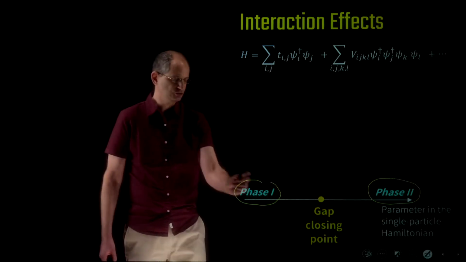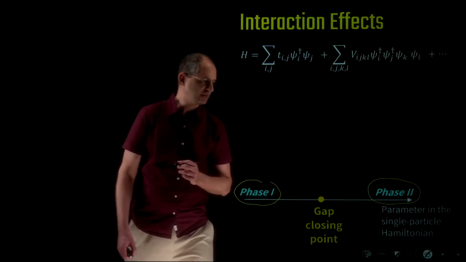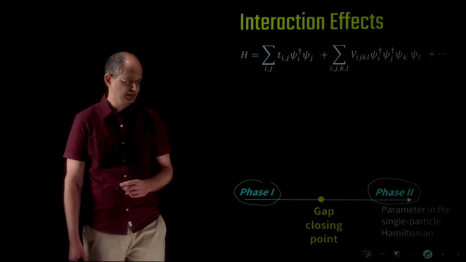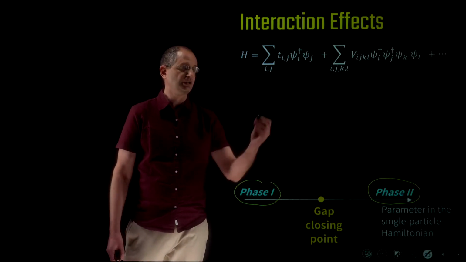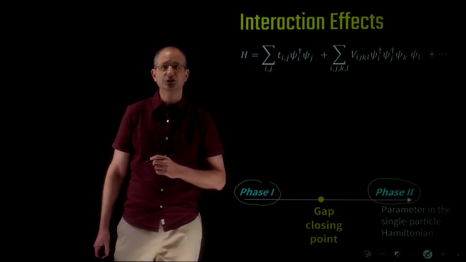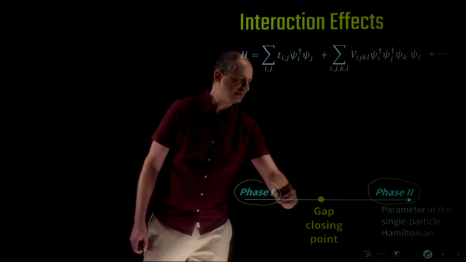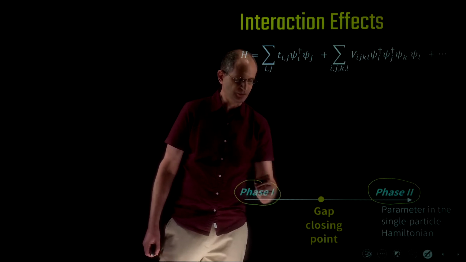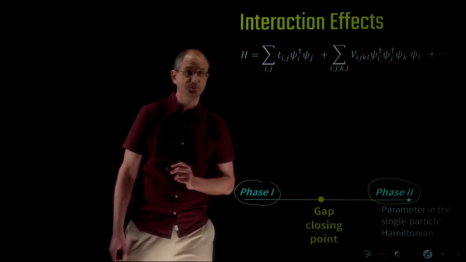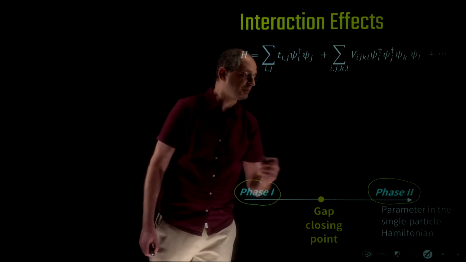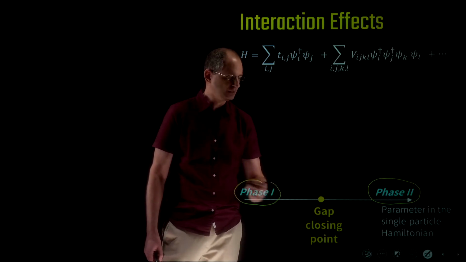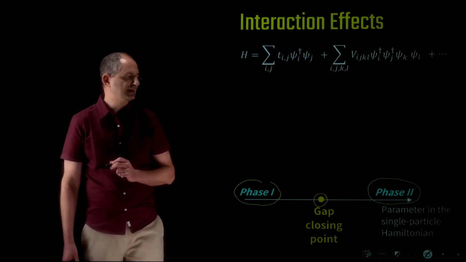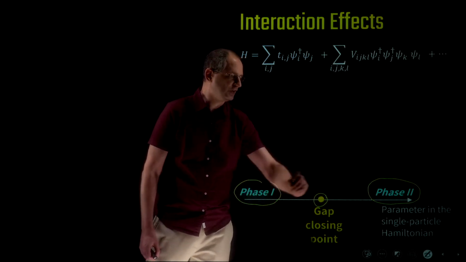This might be the trivial phase, and that might be the topological phase. And now we vary some kind of parameter in our single particle Hamiltonian, say some parameter in this matrix Tij. And as we tune this parameter, we go from phase 1 to phase 2. Now, since these two phases are topologically distinct by assumption, the gap of the system would have to close at some intermediate value, at least at some point, somewhere along this trajectory.